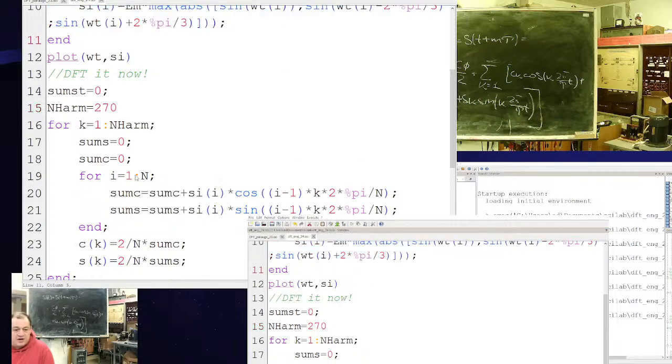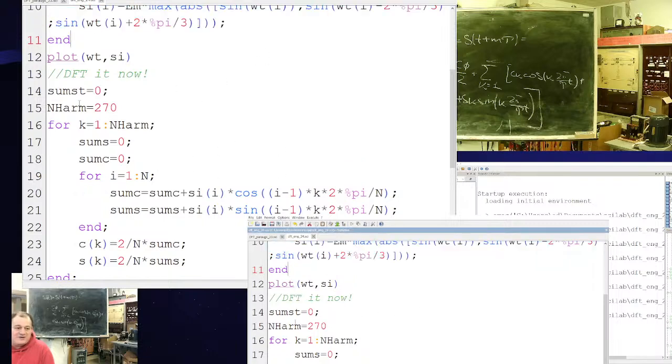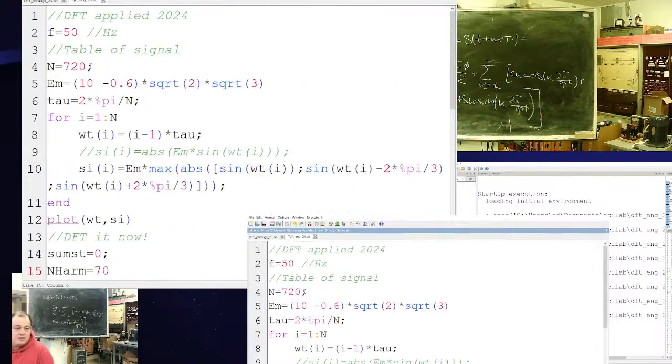You see, nothing happens because of the Nyquist frequency. Okay, the original. And what about this time? Oh, we can live with this, I hope. They are very similar.